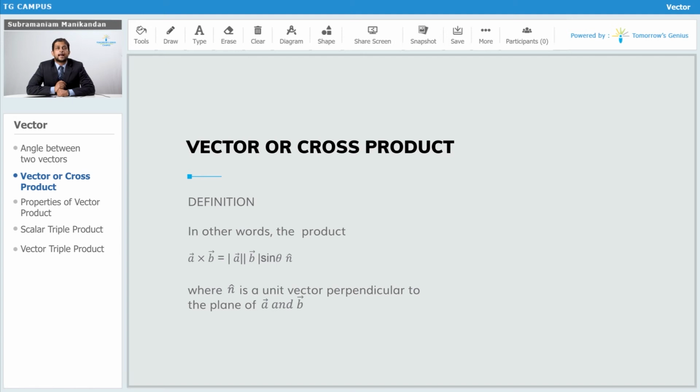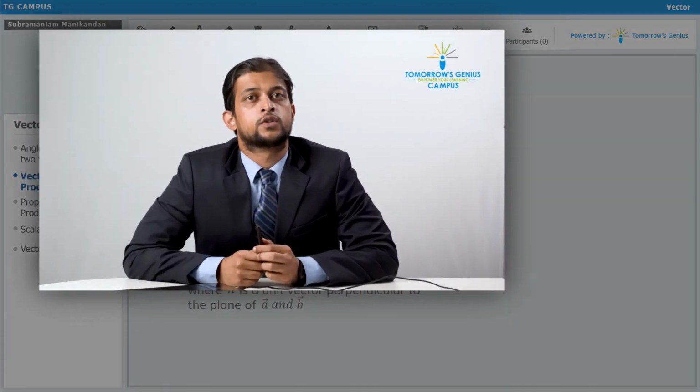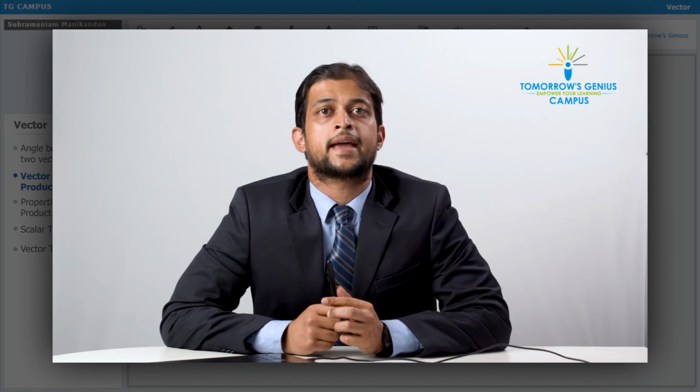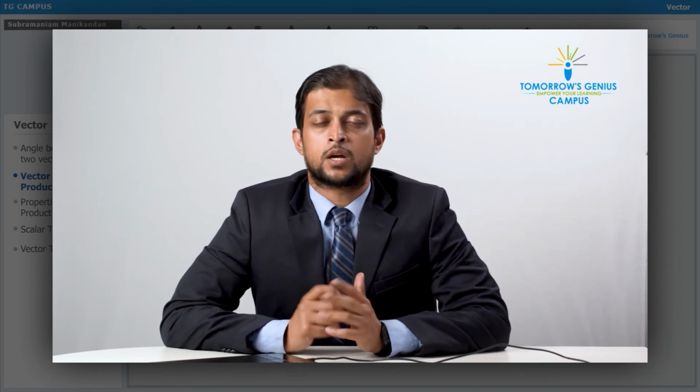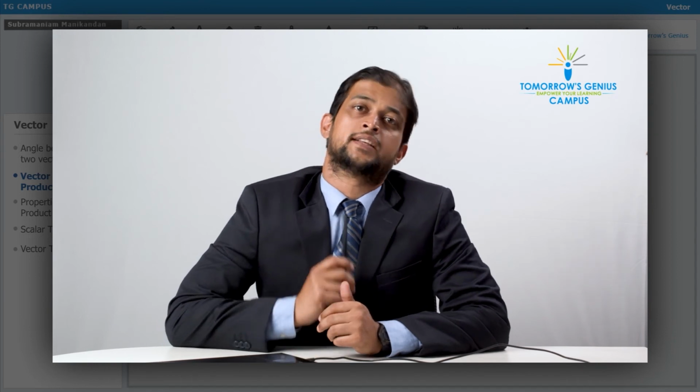So theta is the angle between the vectors A bar and B bar. As much as possible, the angle theta is considered to be the acute angle between the vectors A bar and B bar. So n cap is a unit vector perpendicular to the plane of A bar and B bar. So again, any two vectors of course are coplanar. That is, they can lie on the same plane or they can be lying on planes which are parallel to each other, which can be considered as a single plane.